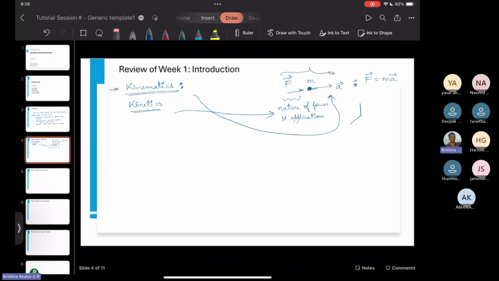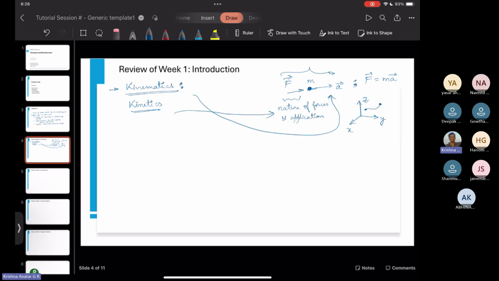Since we live in 3D space, the most useful coordinate system is the standard Cartesian coordinate system, denoted by XYZ, which is a right-handed coordinate system. So we see how the particle will move in this particular frame. That is essentially what we do in kinematics.